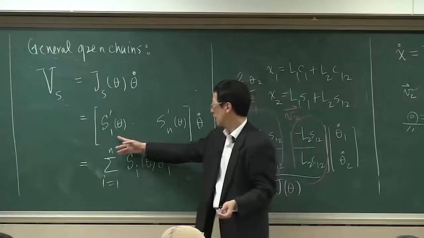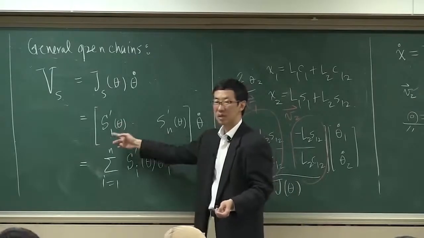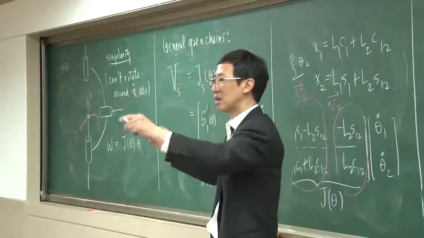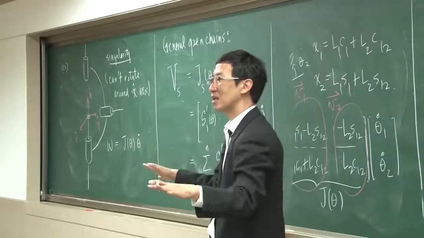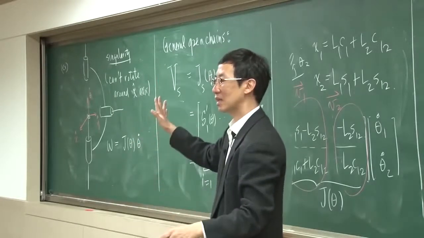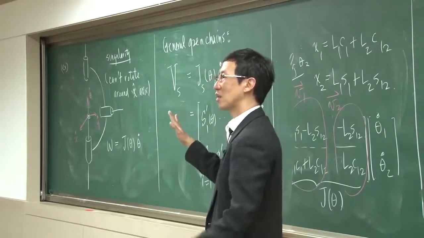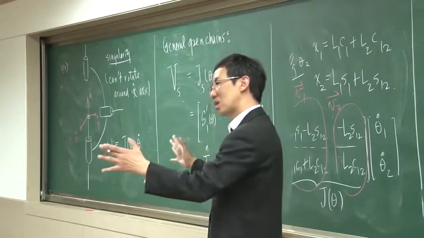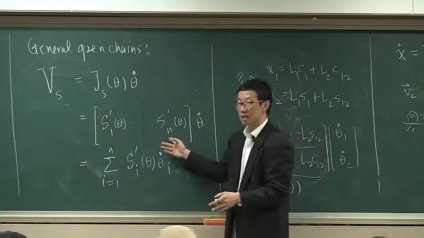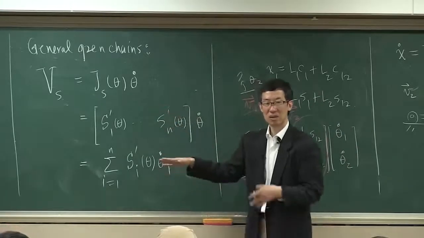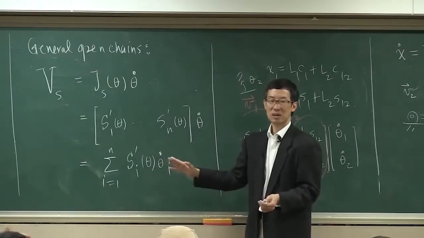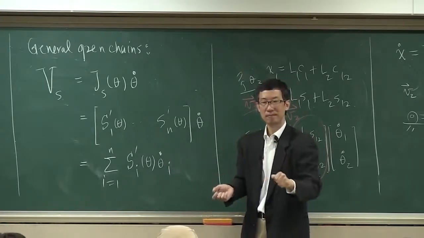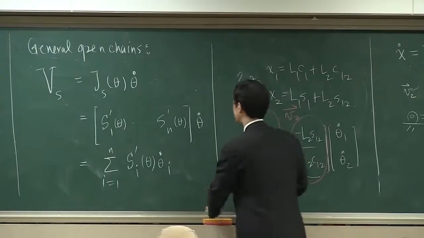If the S primes, S1 prime up to Sn prime, all point in linearly independent directions in 6-dimensional space, then we're in good shape. It's not singular. If the dimension of the space spanned by these columns decreases by 1 or more, then we have a singularity. The end effector loses 1 or more degrees of freedom. So that's what we want to find.